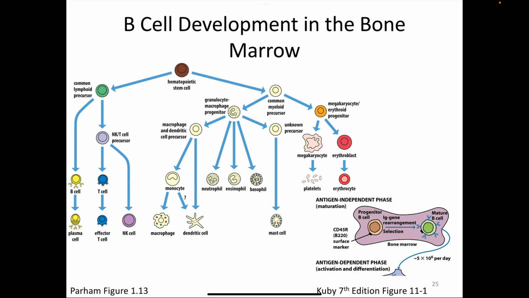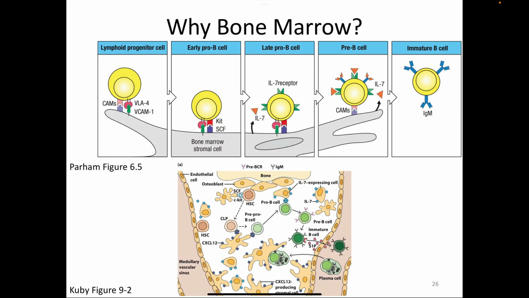One of the things that we have to think a little bit about is why bone marrow? What is important about the bone marrow for this process? There are two big things that are really important. One of them, again, is you can kind of imagine not so much antigen.